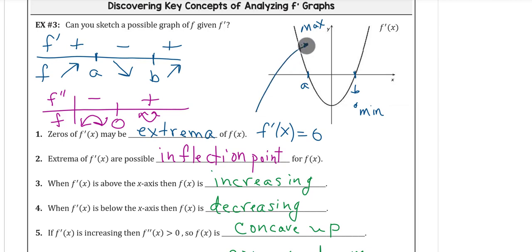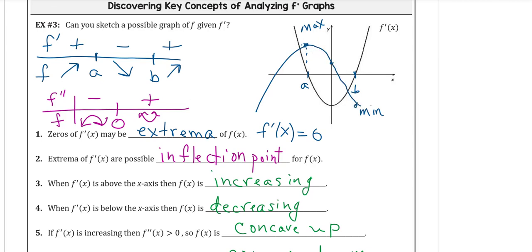So we're going to be like this. And then we have an inflection point about halfway here. So like there at 0, where the function is going to turn over here and become more concave down.